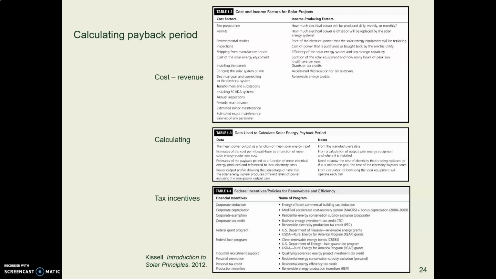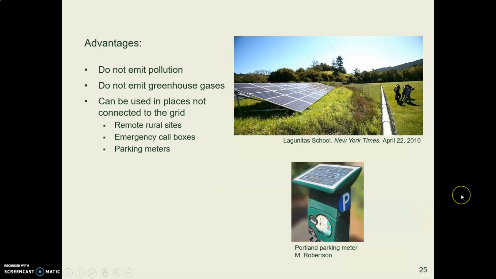So what energy analysts do is they evaluate how long will it take me to recoup my original cost, and now everything after that payback point is going to be revenue. One of the advantages of these things is that they don't emit pollution. They don't emit toxic chemicals, and they don't emit greenhouse gas pollution.